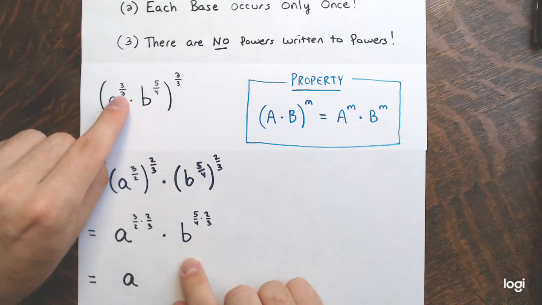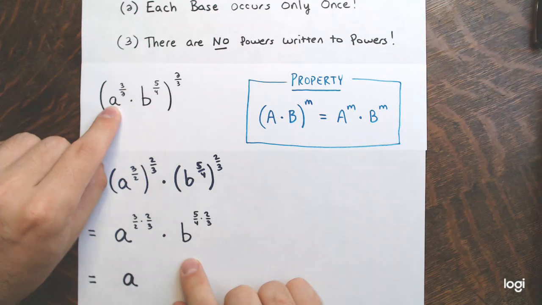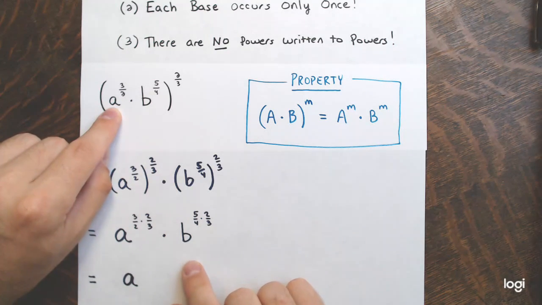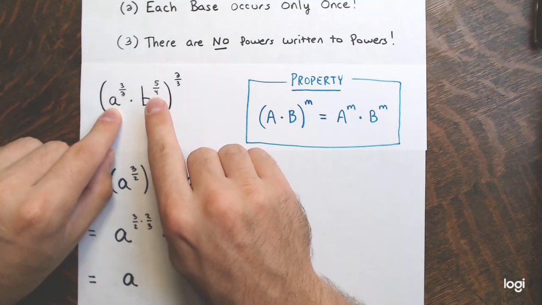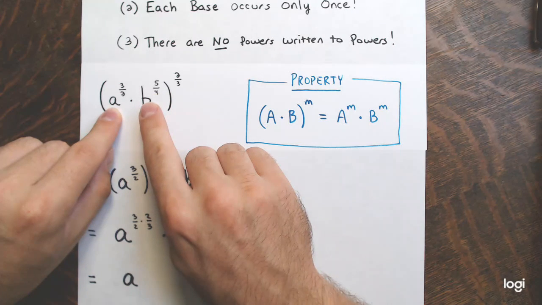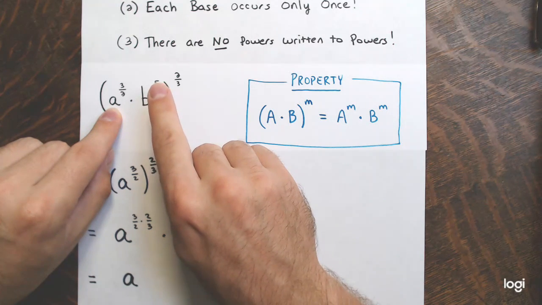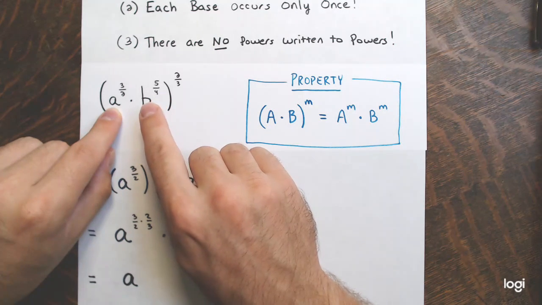Well, if you're taking an even root, you remember you can't take an even root of a negative number, because that won't be a real number. So even from the get-go, I can show you that a had to be non-negative, and same thing for b. B to the 5/4, you'd be taking the 4th root of b and then to the 5th power after, but an even root of a number means that number cannot be negative.